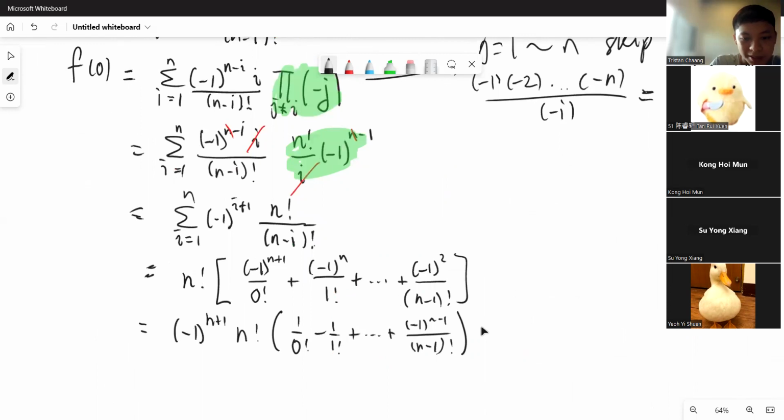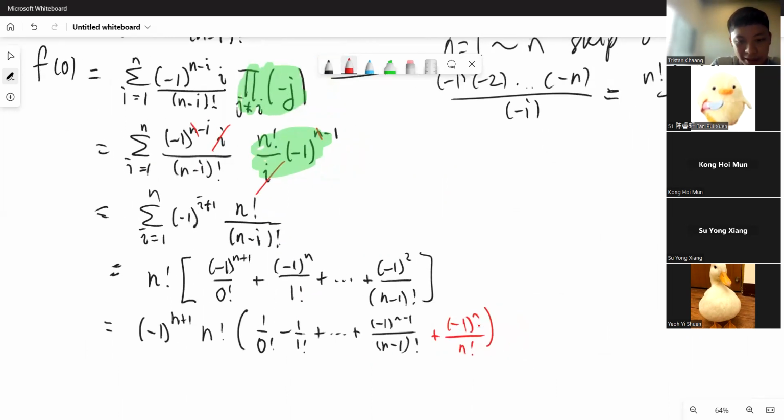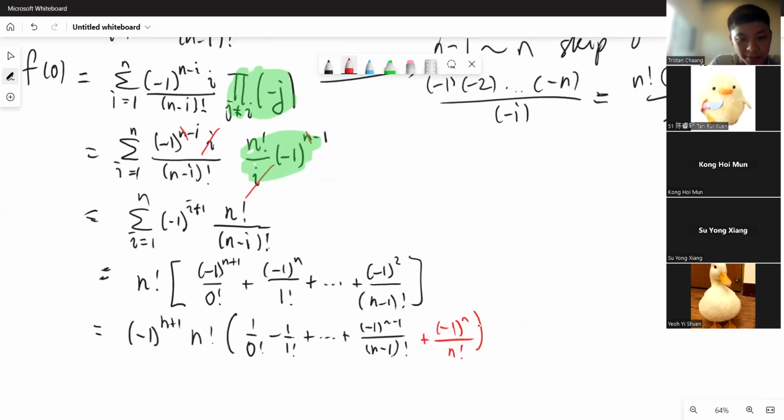So derangements has this extra term. I'm just going to write it in terms of the derangement. So it's like this, and then that's a minus 1. So I plus 1 at the end. Yeah, I plus 1.